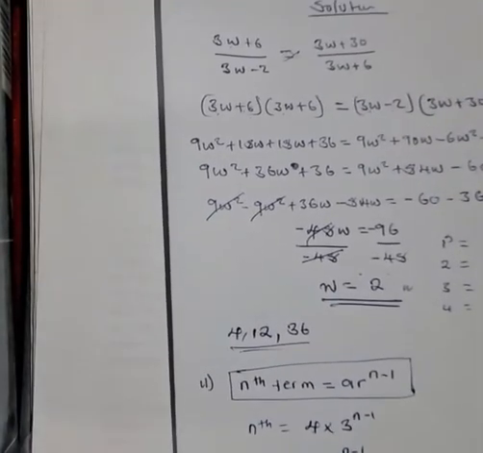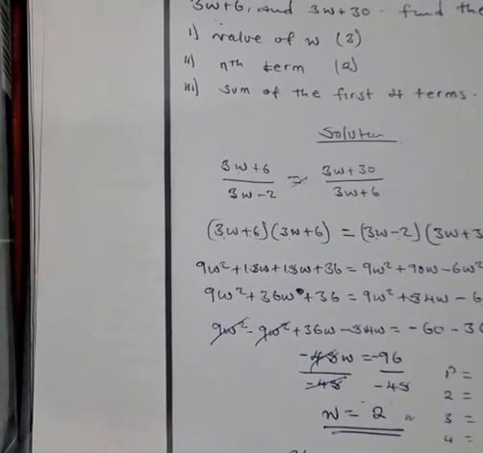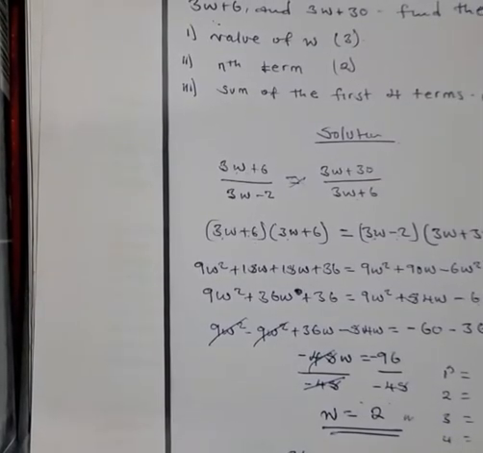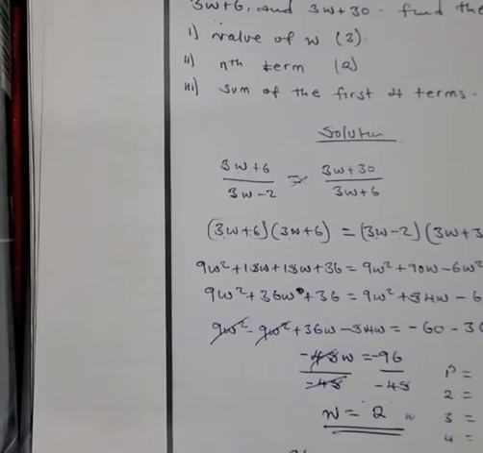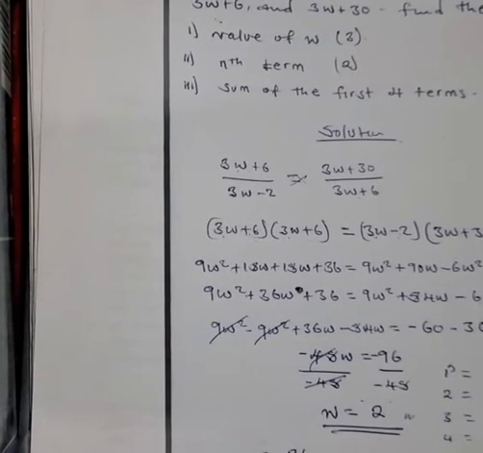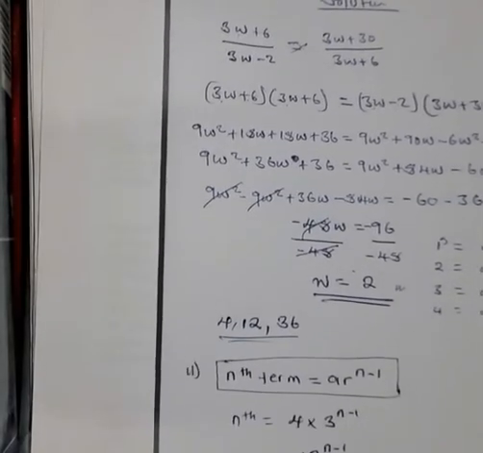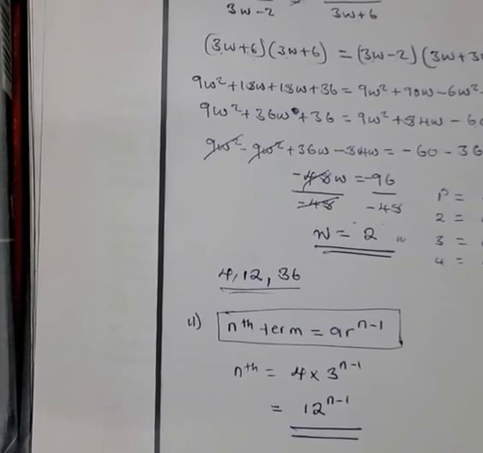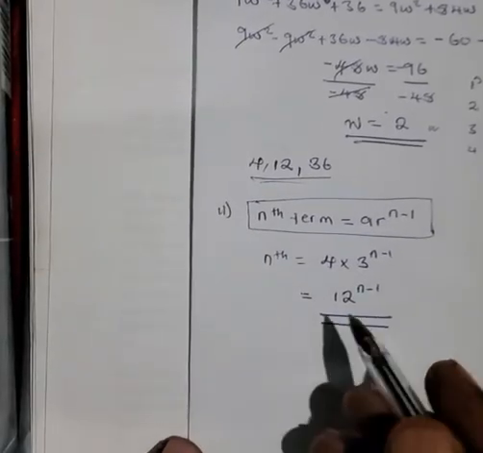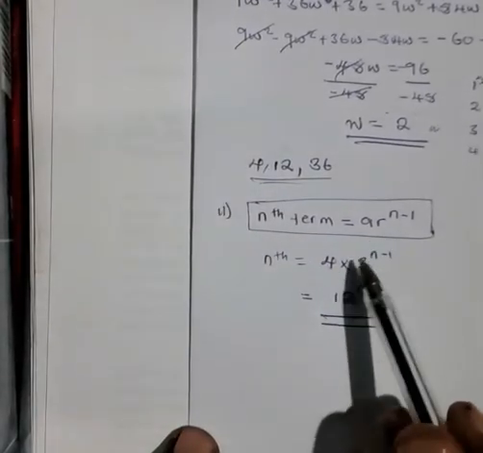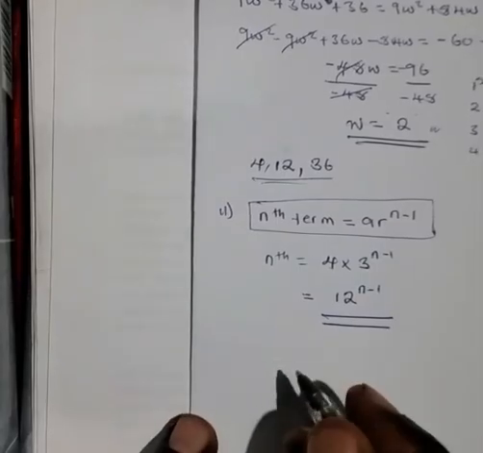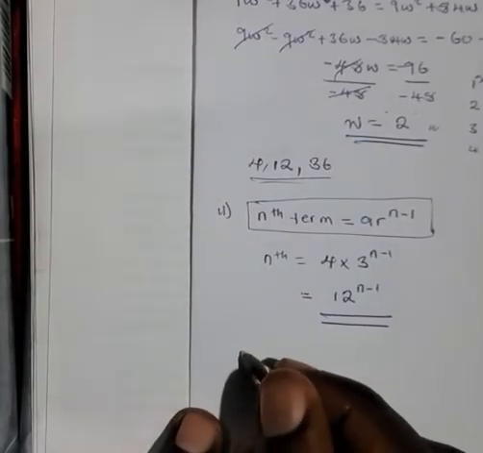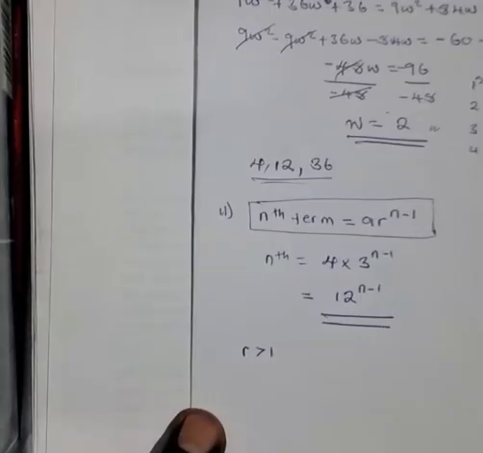So what is the other question asking us? The sum of the first 4 terms. Now for the sum, I think it has two formulas. There is a formula where the common ratio is greater than 1, and a formula where the common ratio is less than 1. Since the common ratio here is 3, it is automatically greater than 1, so we want the formula where r is greater than 1.